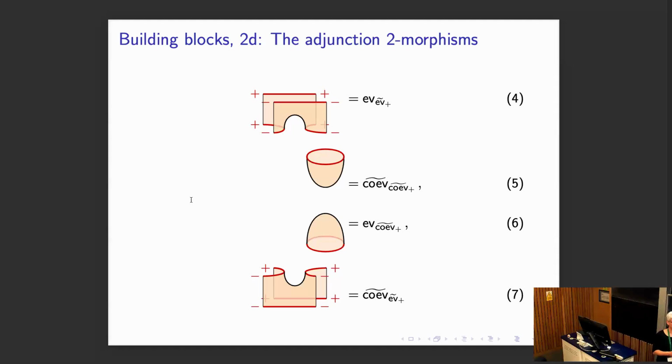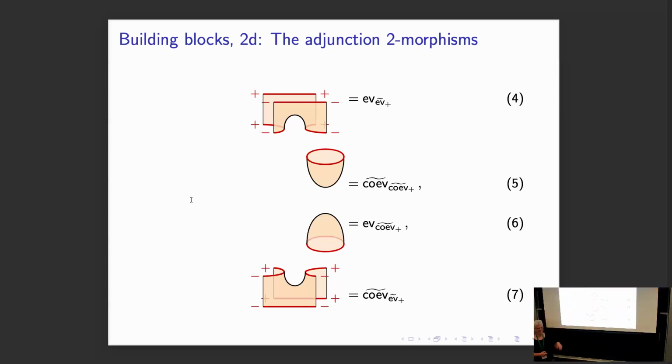There's the evaluation on the object and on the dual object, and I have points and dual points distinguished by plus and minus referring to an orientation, and then the evaluation and co-evaluation refer to this object or its dual object. Yeah, so I don't want to go into the detail of distinguishing all these tools and so on.